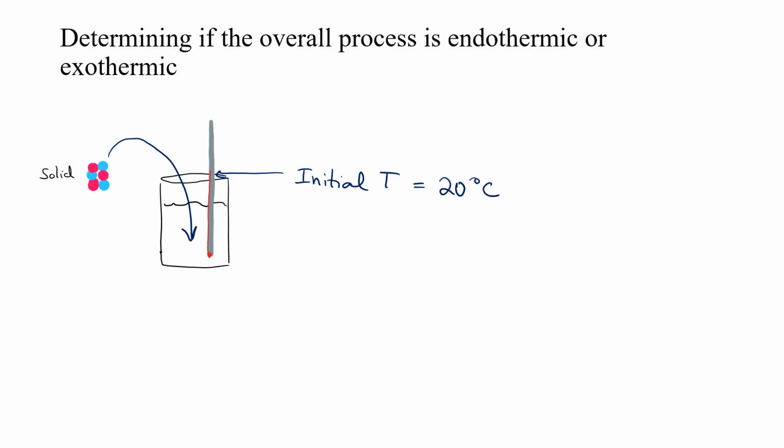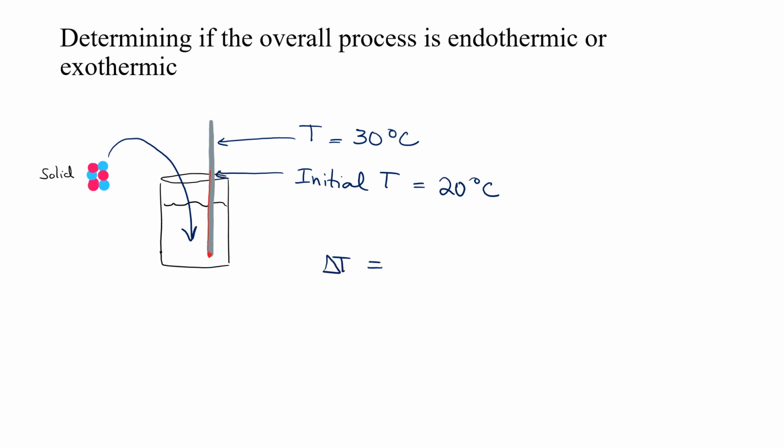So let's say that the initial temperature is 20, and then after all of the solid dissolves, my temperature now is at 30. So the temperature increased from 20 when you had just the water up to 30 when all of the solid dissolved.